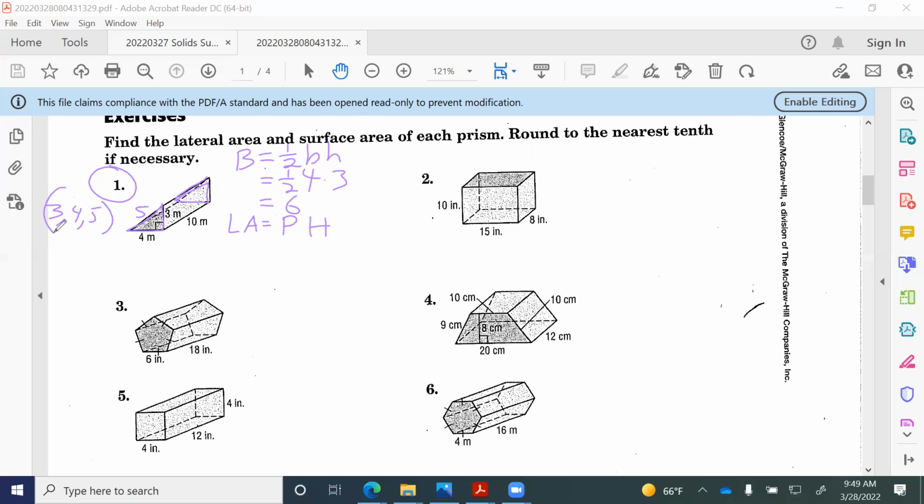The 2 that you'll see the most often are 3, 4, 5, and multiples of that, as well as 5, 12, 13, and multiples of those. There are others, but those are the 2 I stress the most. So 3, 4, 5. Again, could we use Pythagorean theorem? Yes, that would have worked. It would have taken a few extra steps, but it does work. 3, 4, 5. If we add all those up, what is the perimeter?